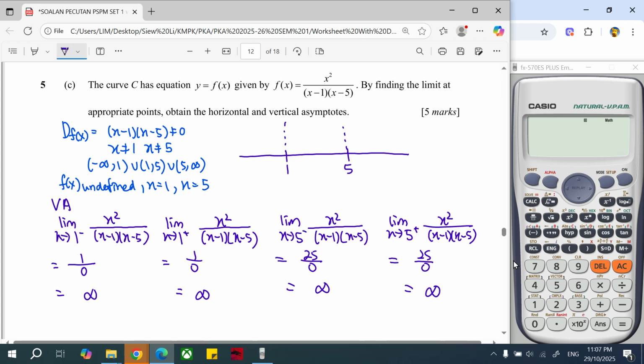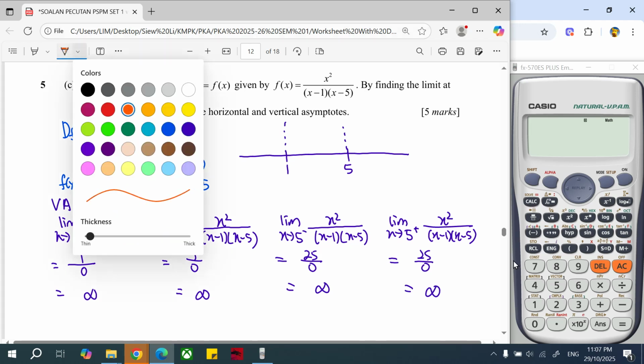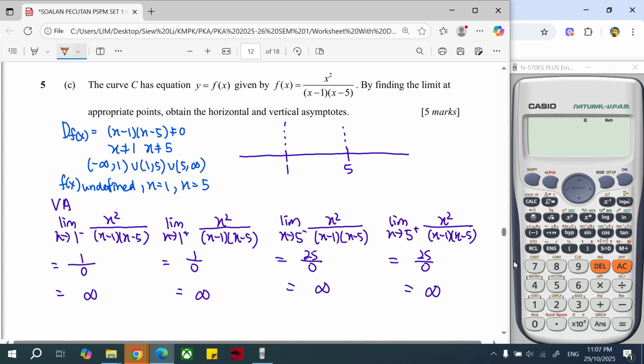Whether our infinity value will be positive or negative depends on what kind of value you test here. So when x approaches 1 from the left, we will test on a value near to 1 from the left, which is 0.999. From the right, we will calculate on x equals 1.001.